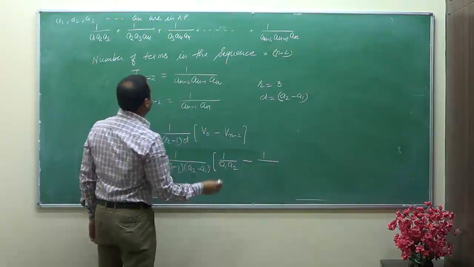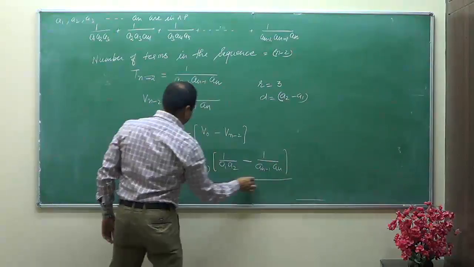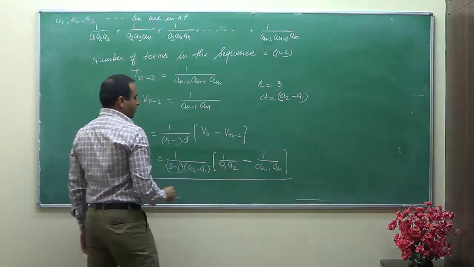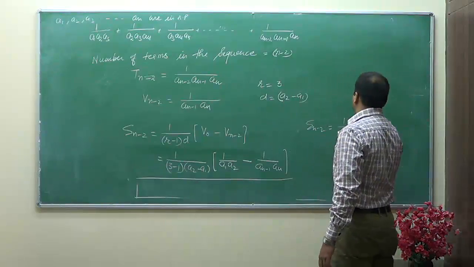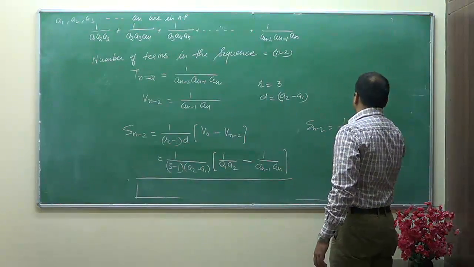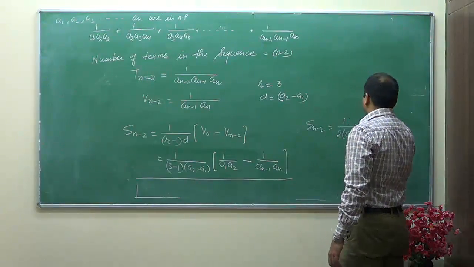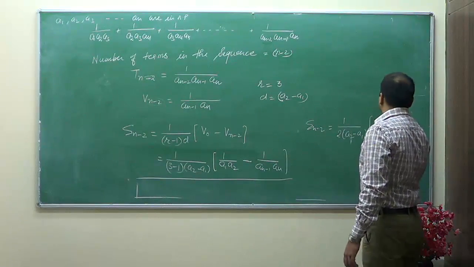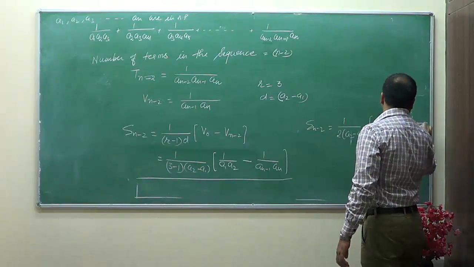Finally S(n-2) is equal to 1 upon 2(a2 minus a1) times [1 over a1 a2 minus 1 over a(n-1) an].